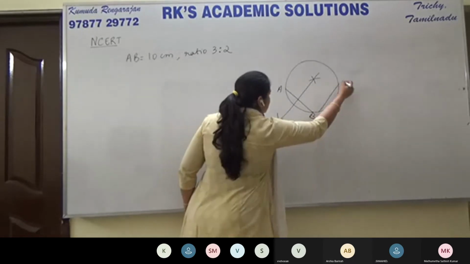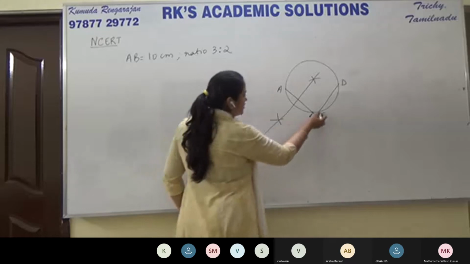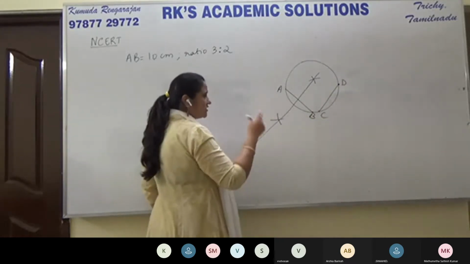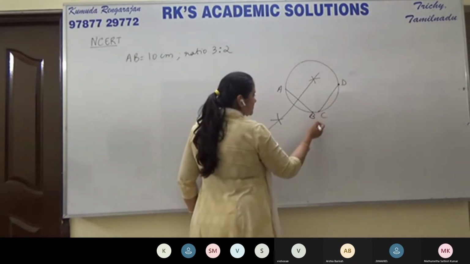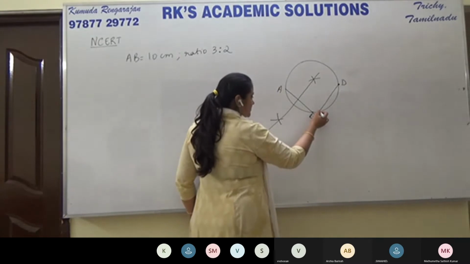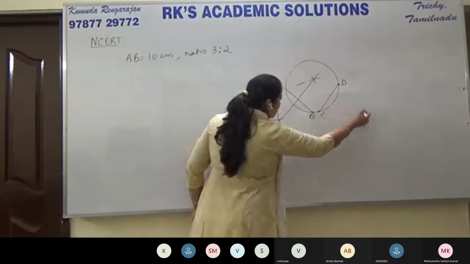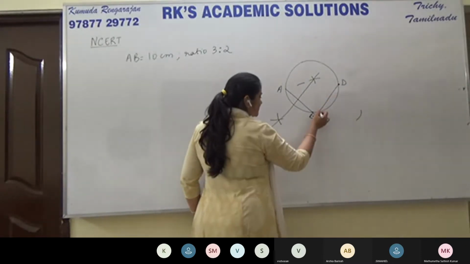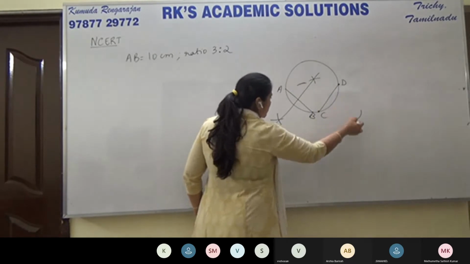We do the same thing for CD. We construct the perpendicular bisector of CD. How? With C and D as centers and sufficient radius. Sufficient is more than half of CD. Put your compass at C. Draw an arc above CD and below CD.